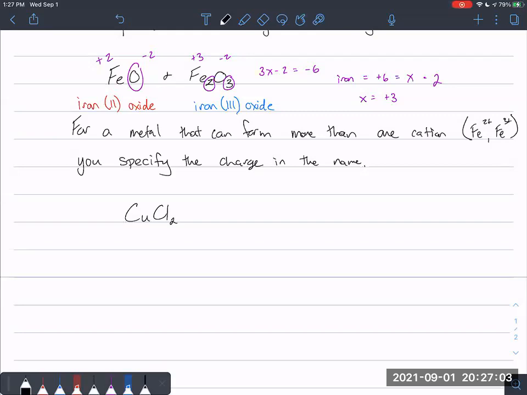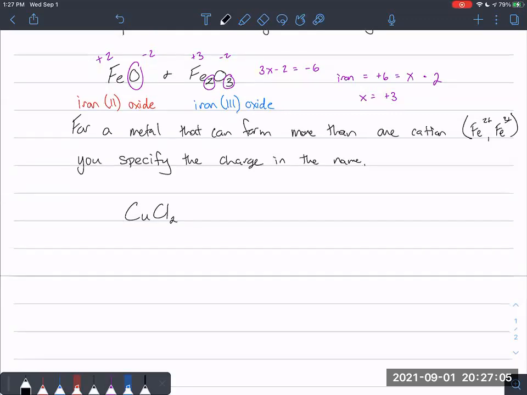Yeah, copper(II) chloride. Remember, chlorine is a -1. There are 2 of them. So this whole portion is -2. That means copper must be +2. It's exactly right. This is copper(II) chloride. Spectacular.